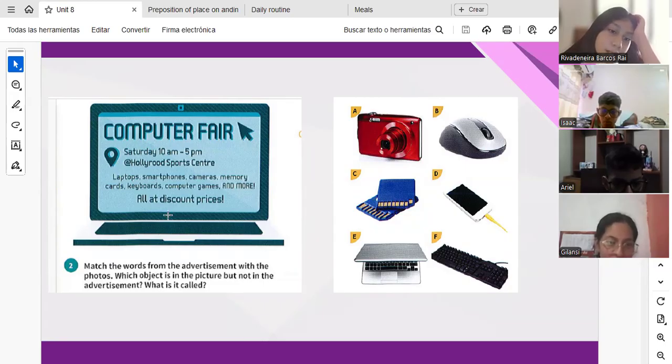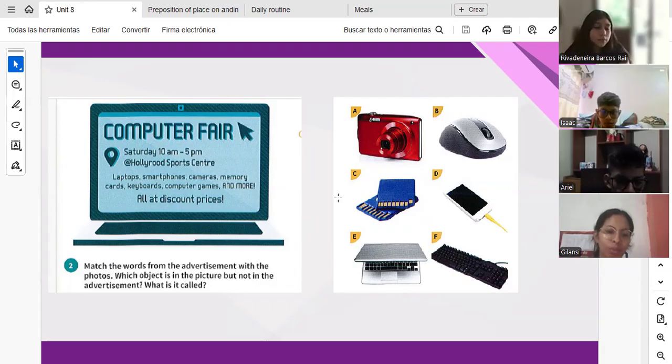Okay, awesome. Good job. Now we need to match these things with the photos. The first one, Fiorella, laptops. Which letter? Letter E. Awesome. Isaac, smartphones. Letter D. Awesome. Ariel, cameras.